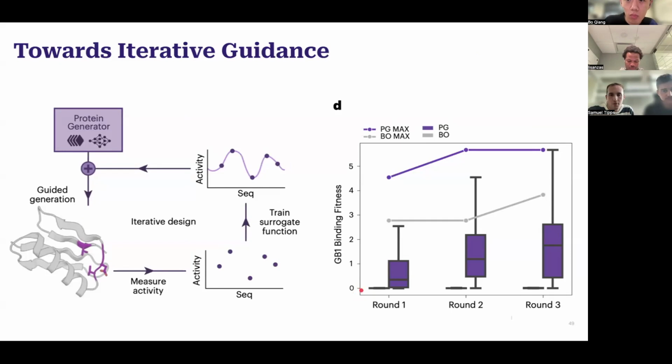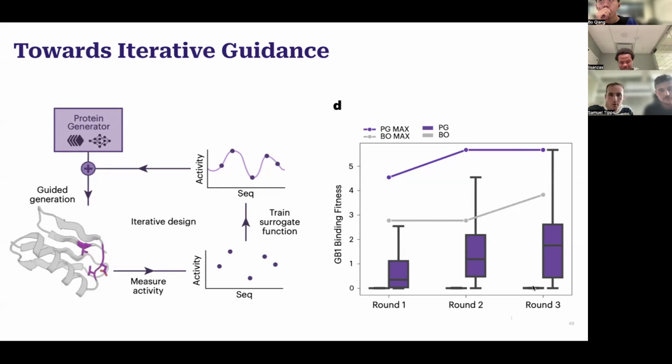Once we gave the model these designs for BO, we're always training Gaussian processes at each step, and then using a UCB, upper confidence bound acquisition function, to sample the next set of 96 things to test. For ProteinGenerator, we trained these classifiers to discriminate between active and inactive samples, and then use the classifier gradients to guide the model during sampling time to sample the next set of proteins to test.